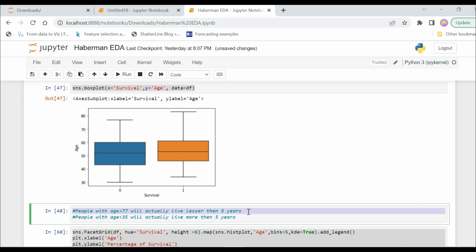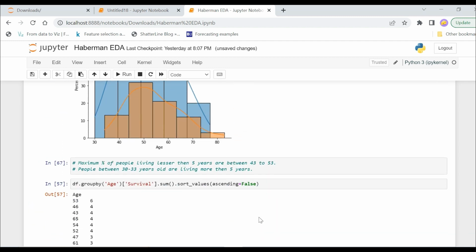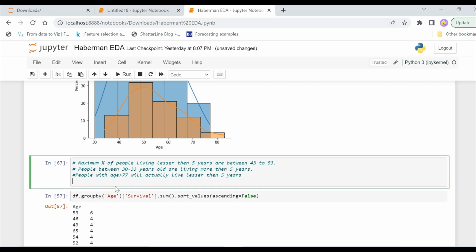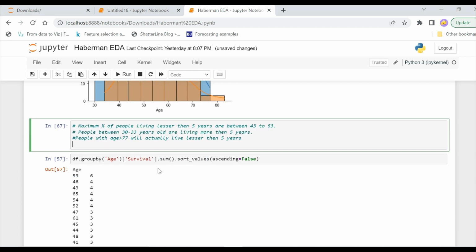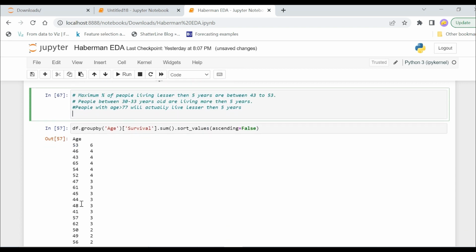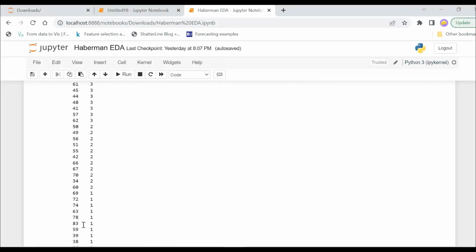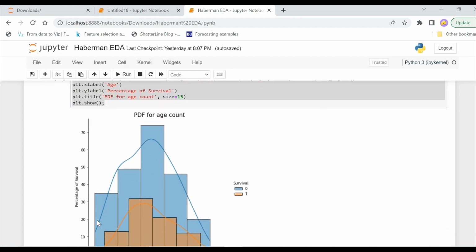So this is also very true, because I'm proofreading with different kinds of plots. Age 77 will live less than 5 years, because here you can see this is the gap, and here 100% of the people are dying. And the same thing you can see from the age part, that 83 and 78, one person is dying.